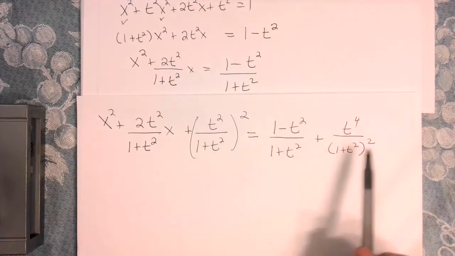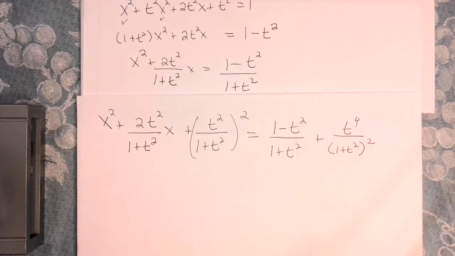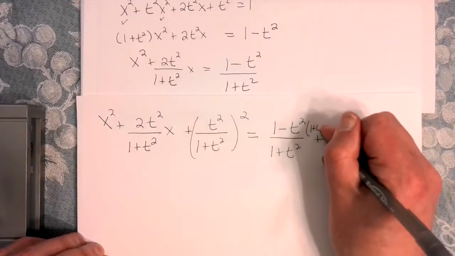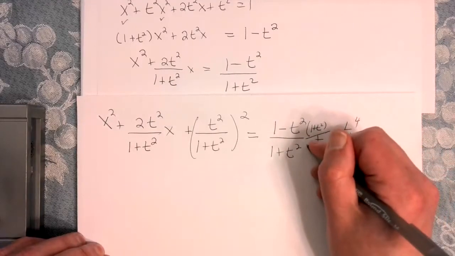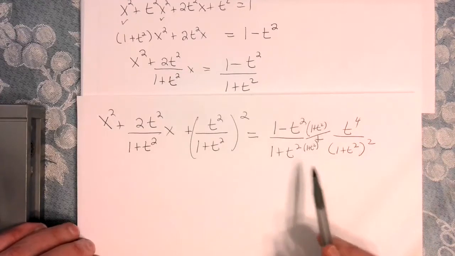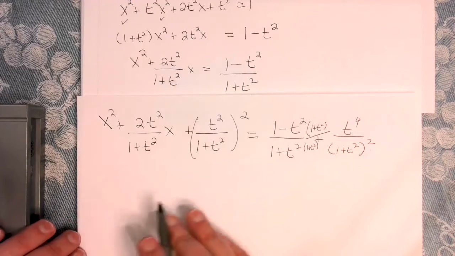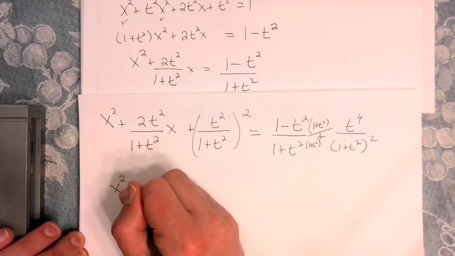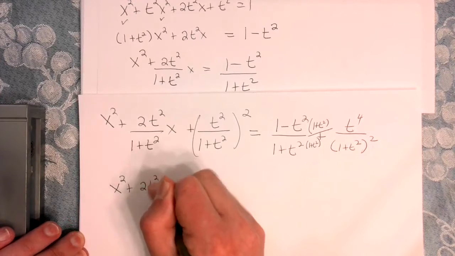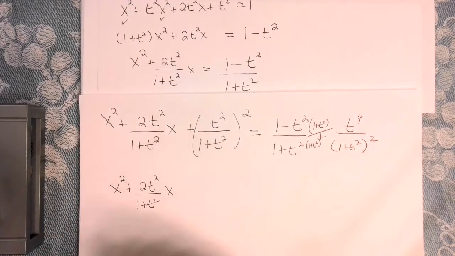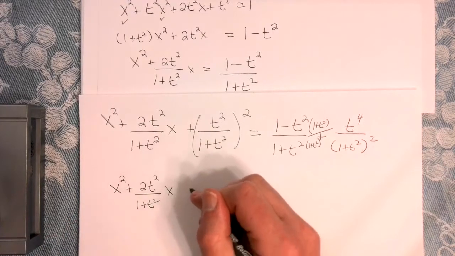Okay, it'd be nice to have common denominators here. So let's go ahead and get common denominators. To do that, it's really nice just to multiply by 1 plus t squared over 1 plus t squared. A little messy there, but you get the idea. Okay, so that seems pretty good.